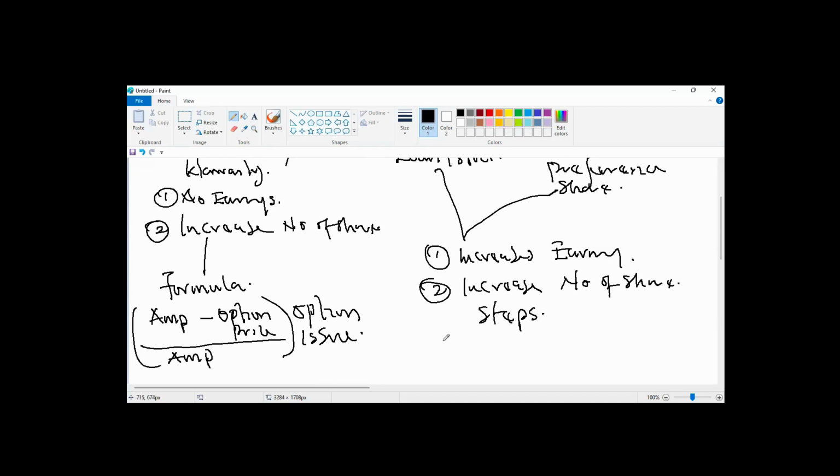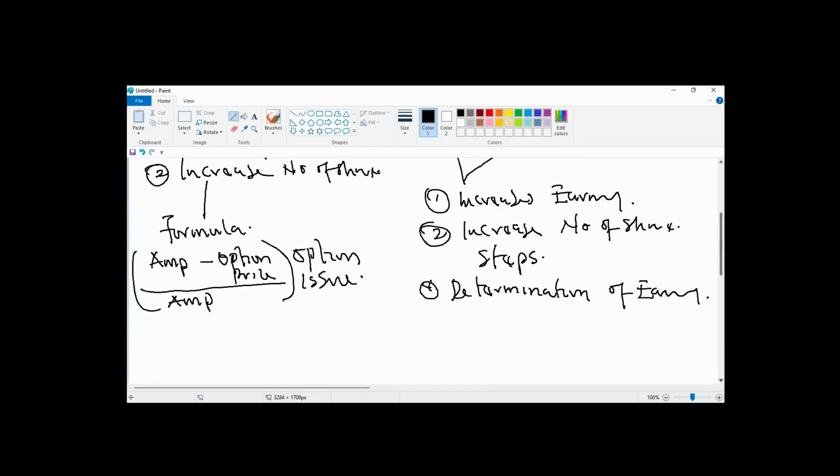One, determination of earnings. Two, the conversion to shares. And the third one, we test for dilution.